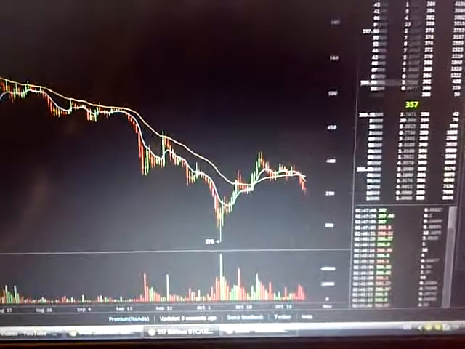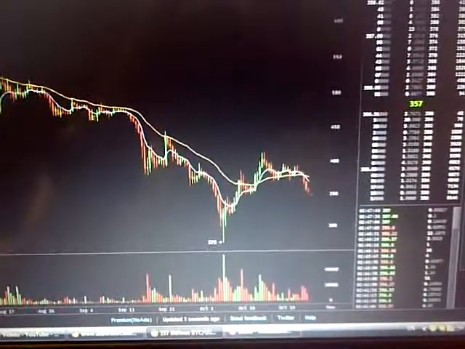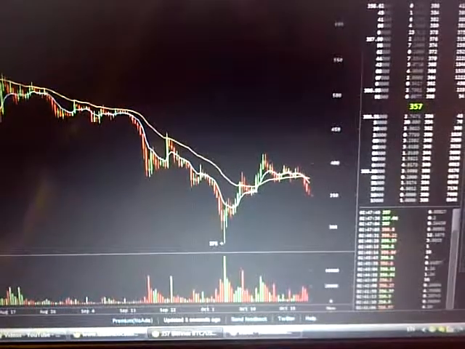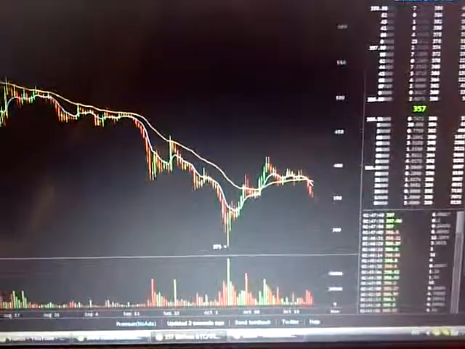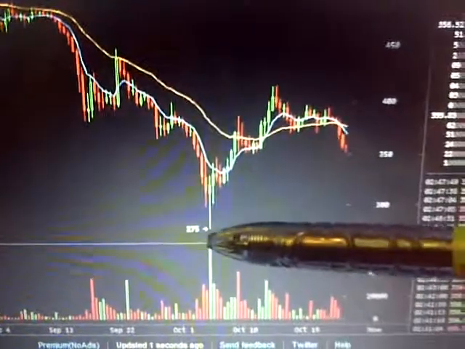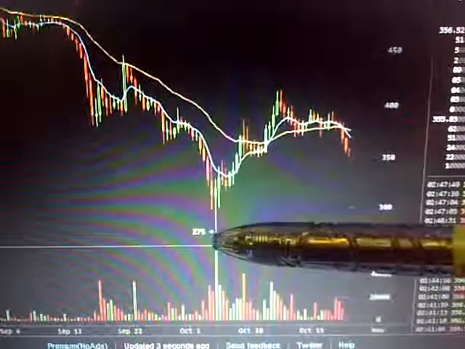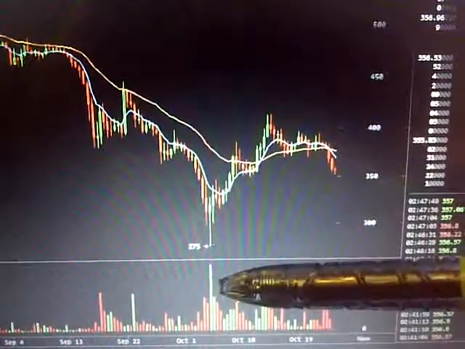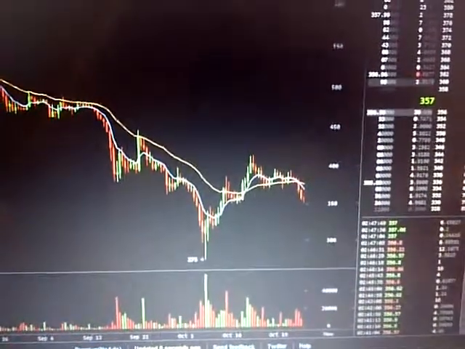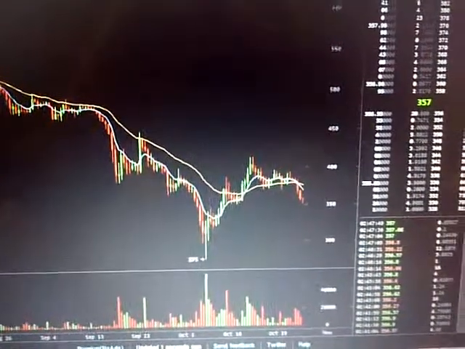So on a downtrend, I'm always trying to buy Bitcoins at the lowest price that I possibly can. I wish I bought a whole bunch at 275, but it's hard to predict. But I have been buying at lower prices, and so I'm getting a lot more Bitcoins.